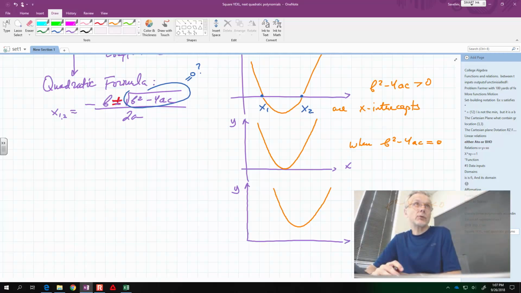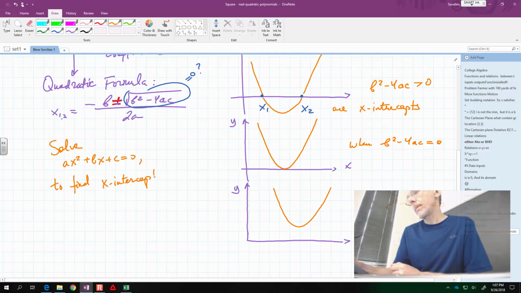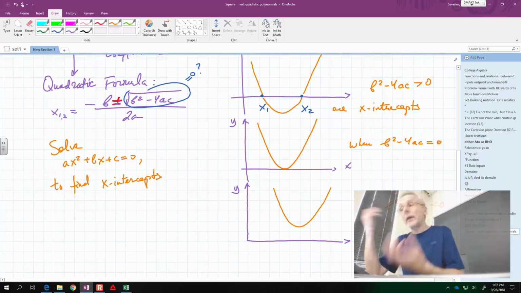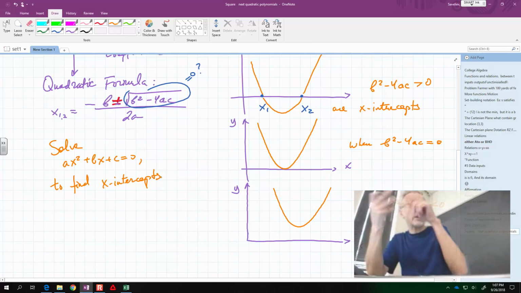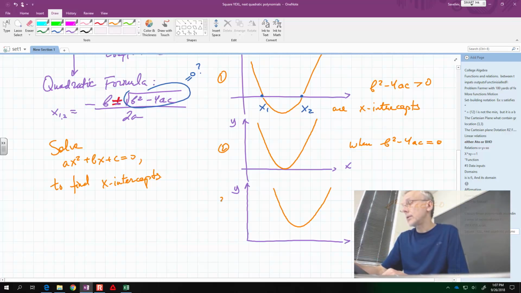So you try to solve the equation ax squared plus bx plus c is equal to 0 to find the x-intercepts. And depending on a, b, and c, you might find 2, 1, or none. Graphically, these three cases are right here: 2, 1, and none.